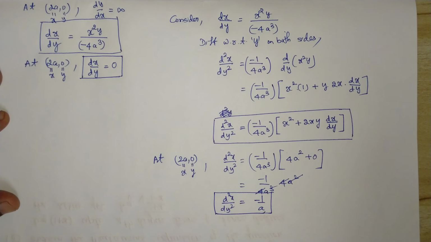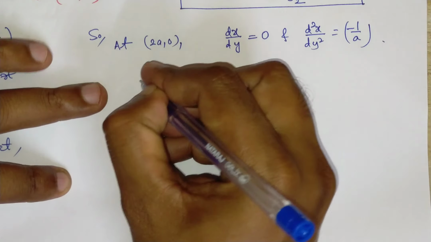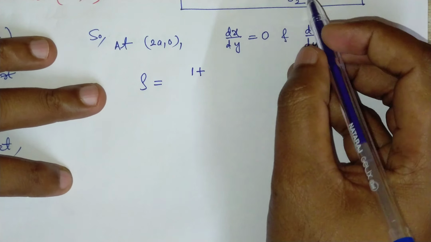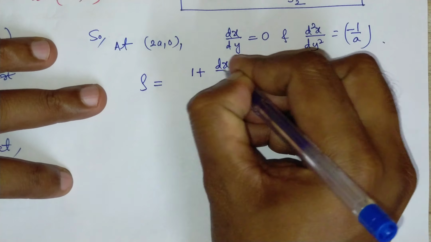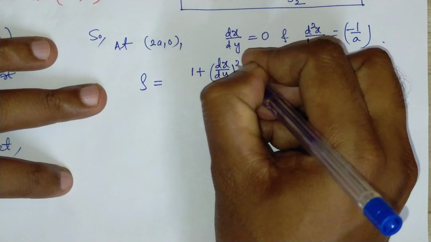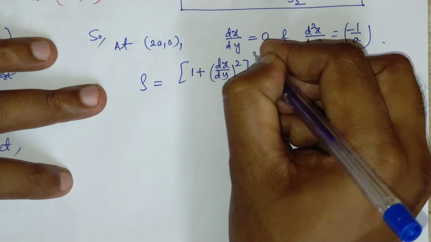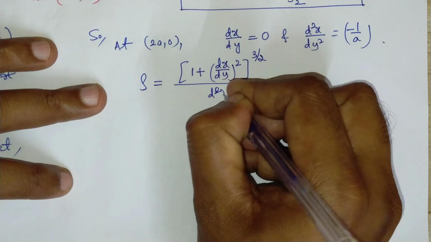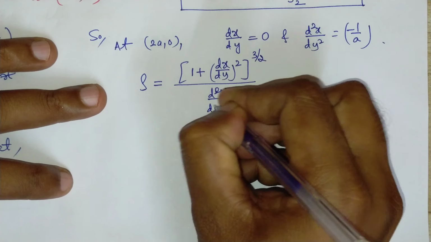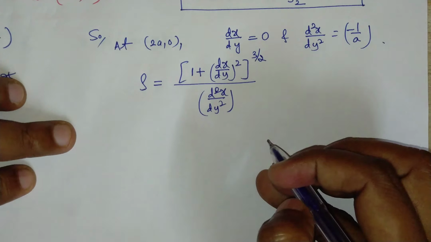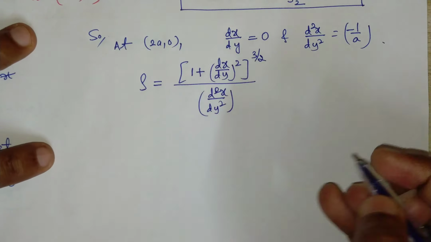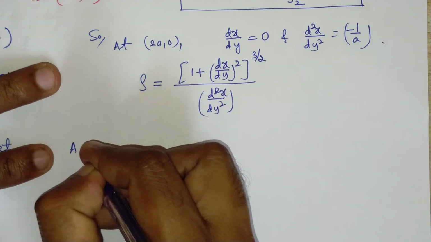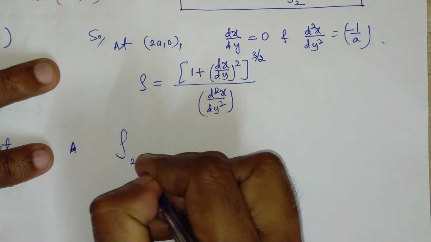Now the radius of curvature formula will become 1 plus, here we considered dx by dy whole square, not dy by dx. It is dx by dy whole square, whole power 3 by 2, divided by d square x by dy square, right? So we have to calculate the radius of curvature at 2a comma 0.